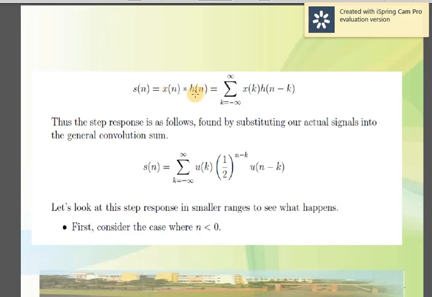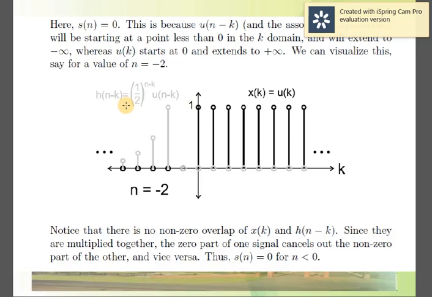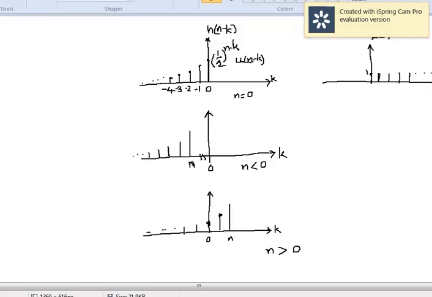X of k we consider as a fixed signal, and h of n minus k is a moving signal. So x of k is fixed and it is running from 0 to infinity. And h of n minus k is a moving signal and it will be represented in this way. For better understanding, let's see this.